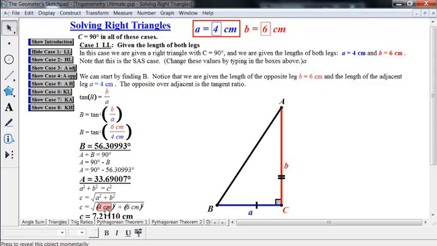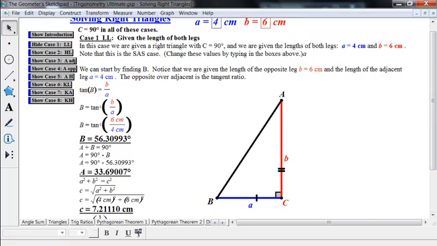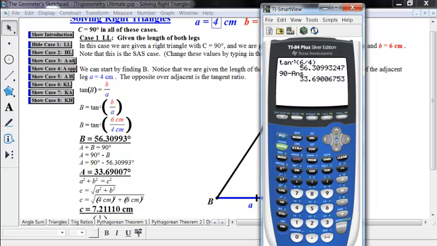So just plug those in, our 4 and our 6 for A and B, and again I'll do it on the calculator. So that's the square root of 4 squared plus 6 squared, close parentheses, and enter, and we get that. The square root of 52 would be an exact value if the 4 and the 6 were exact, and approximately then it's 7.21 or so.